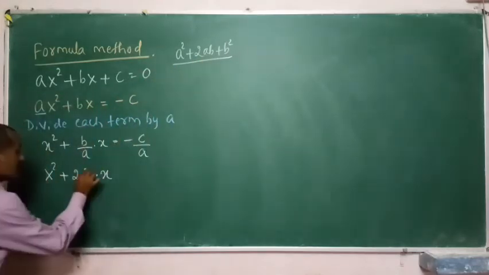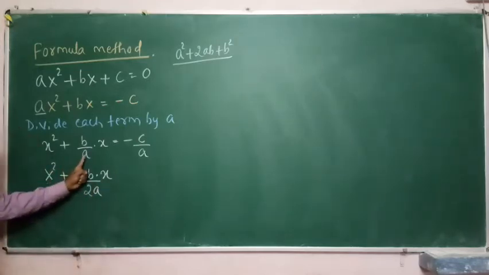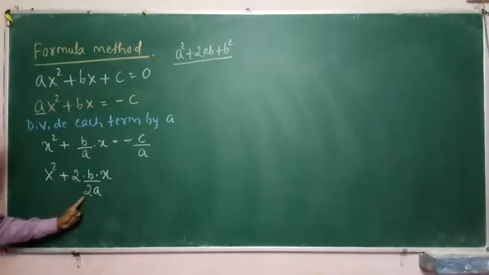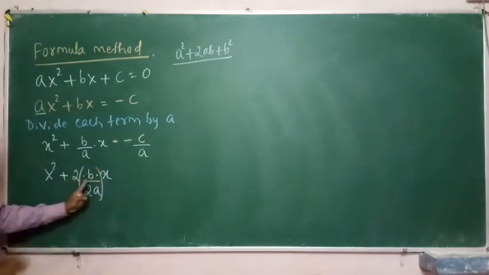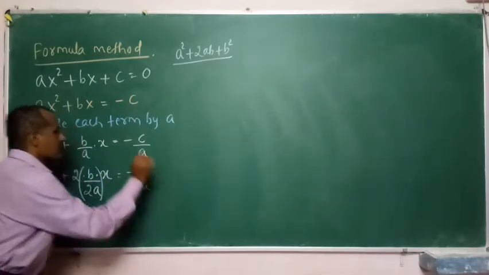I will take b by 2a instead of a, I will take 2a. Why? One 2 in the numerator extra, one 2 in the denominator extra. If you cancel, b by a, b by a. My dear children, this is my b.